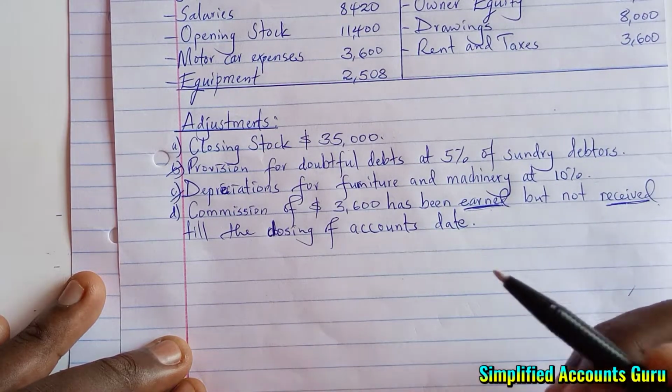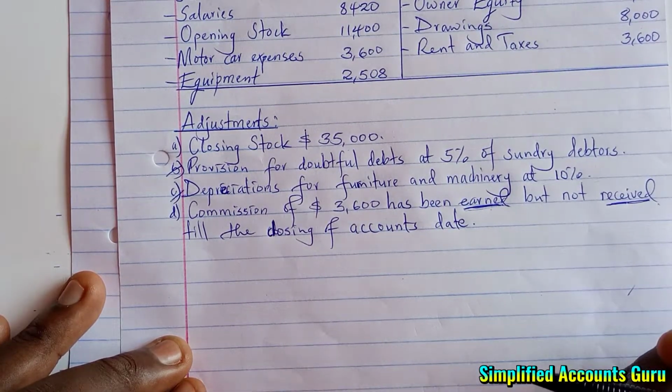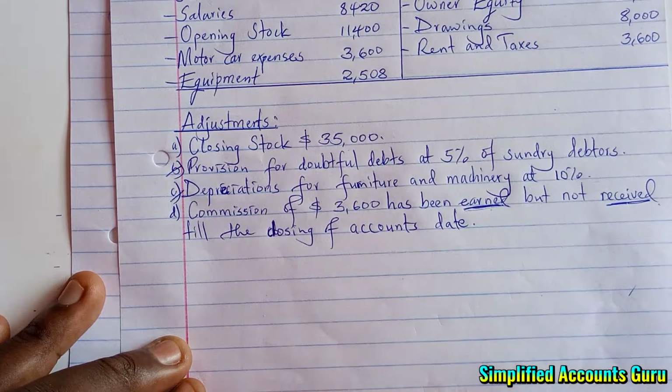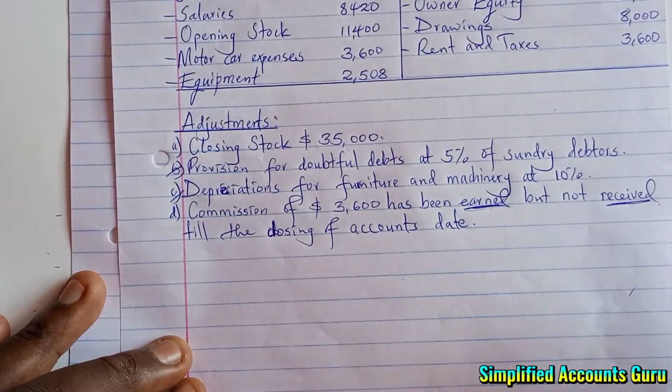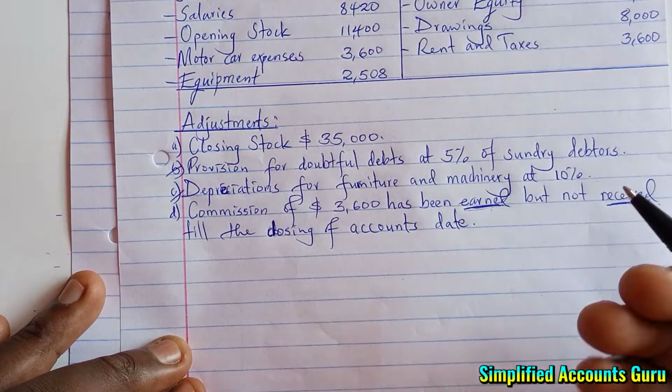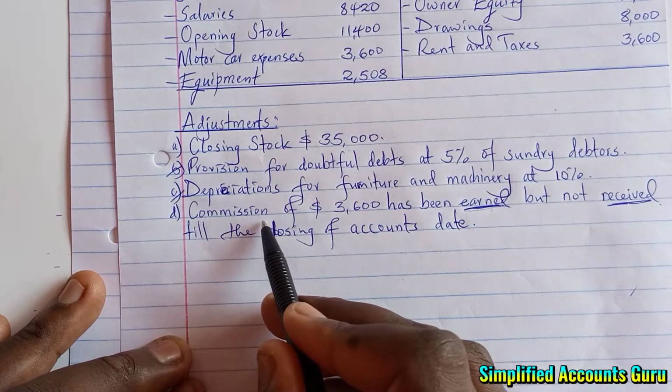This takes us back to the accrual concept, which states that incomes are recognized when they are earned and not when they are received, while expenses are recognized when they are incurred and not necessarily when they have been paid for. So this commission amount on accrual basis, we shall recognize this commission.